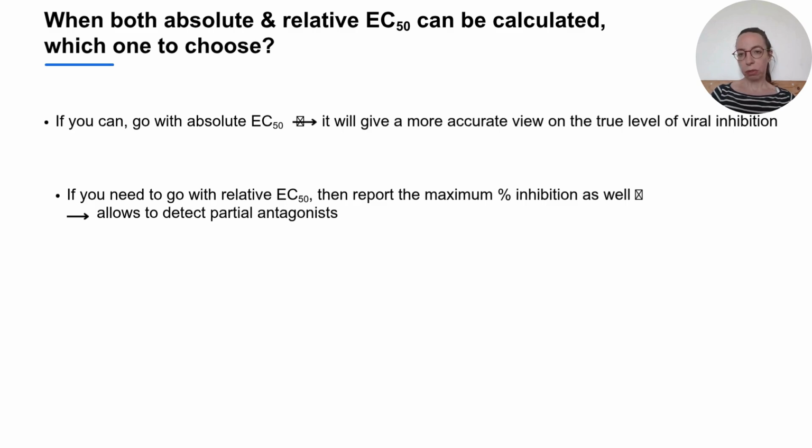If you need to go with relative EC50, so you don't have the option to go with absolute, you cannot really repeat the experiment, then at least report the maximum percent inhibition as well, next to the relative EC50. That will allow you to detect partial antagonists.